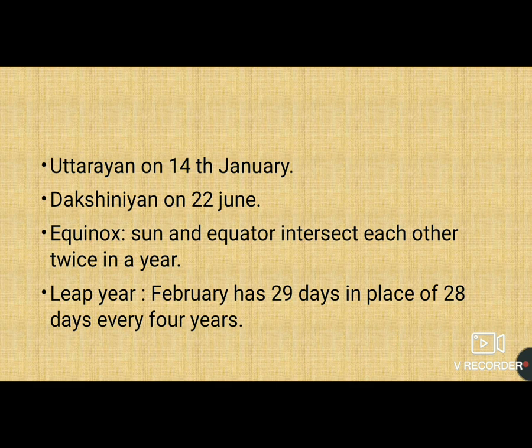So we cannot add one day every year. So the 6 hours of 4 years are added as one day in the month of February every fourth year. February has 29 days in place of 28 days, and that we call a leap year.